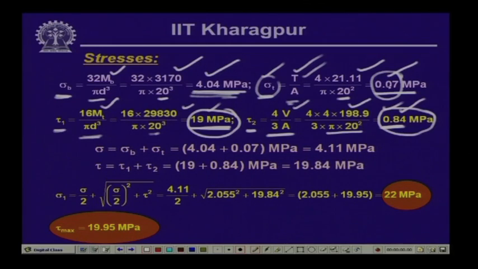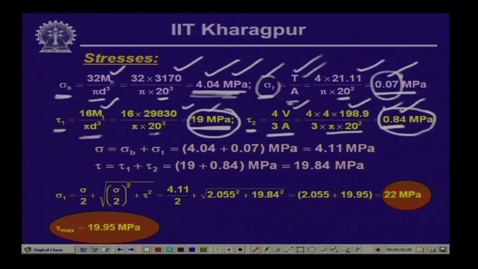Also, the stresses generated because of the bending and the direct axial are much less in comparison to the shearing stress generated because of the twisting moment. Of course, this depends on the helix angle as well. If the alpha angle varies, then there will be a change in these stresses, as we have seen.